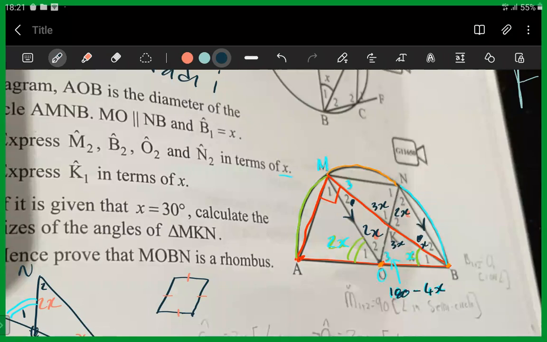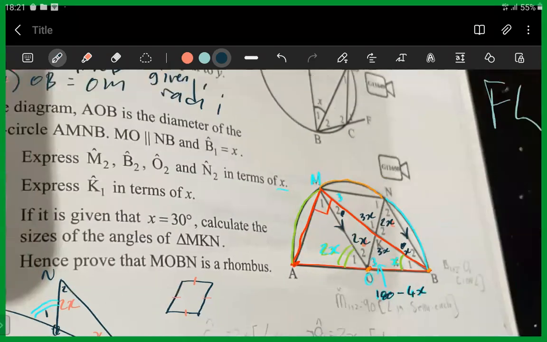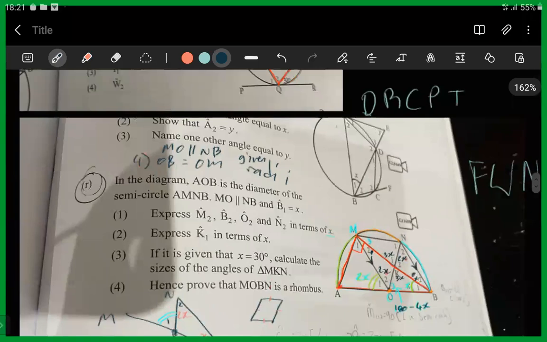The last thing is to show that angle MOB is equal to MNB.